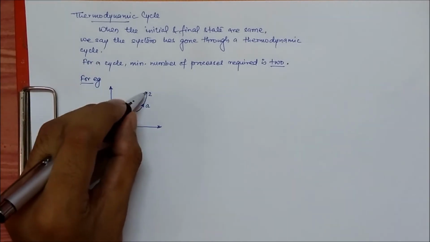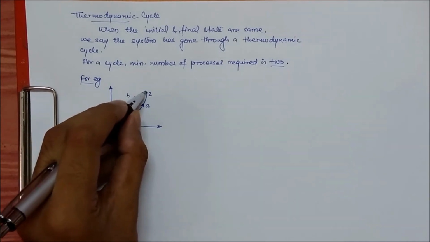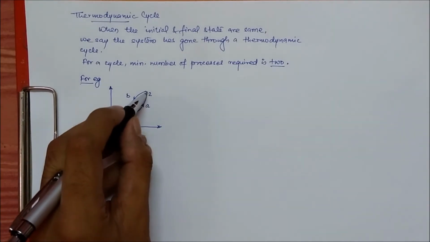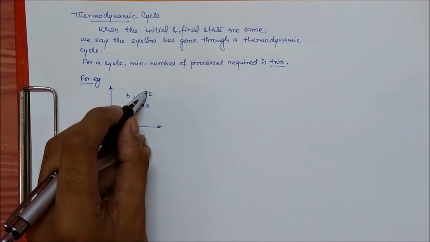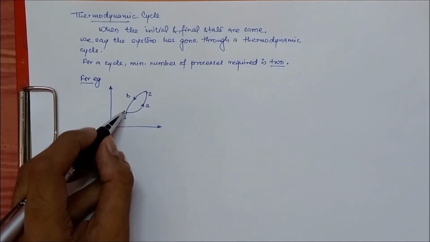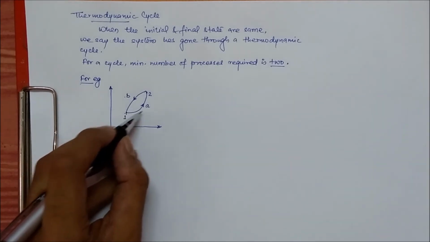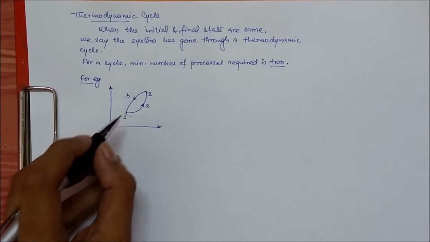There is another process from 2 to 1. This is the process B. The initial condition was 1. When it moves through process A, it reaches state 2, and after that again it moves from 2 to the final state 1 through process B. Now the initial state and the final state is state 1, and we can say that this system has undergone a thermodynamic cycle.